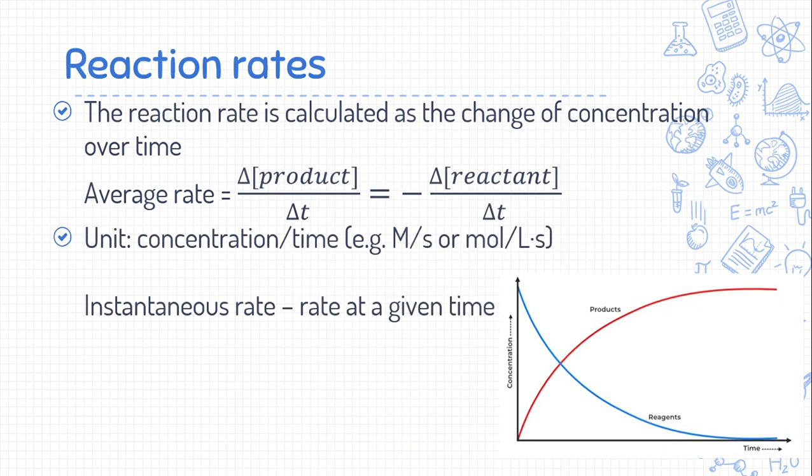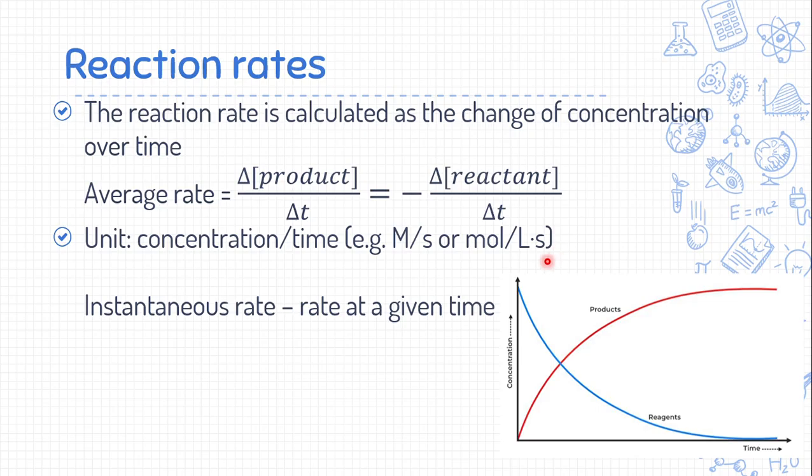Also, the reaction rate's units are in terms of concentration over time. If you can recall in our lesson about concentration expressions, we had the molarity there. So the typical unit for reaction rate would be molar per second, or mole per liter per second.